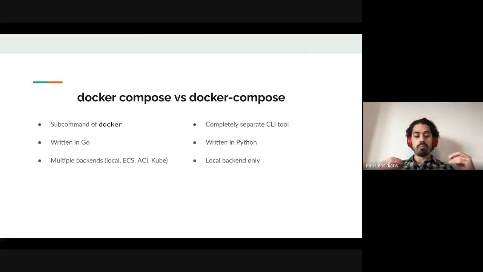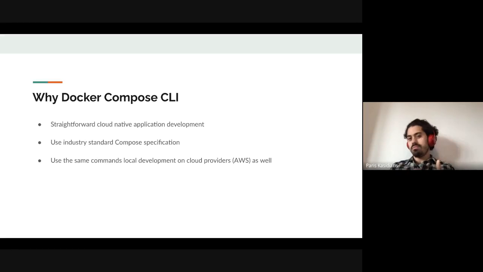And the other really important difference, which is what we will be dealing with today, is that it supports multiple backends, multiple types of contexts, as we can see later on, which means that I can run my workloads locally if I have a Docker engine, or on AWS ECS, on Azure ACI, on Kubernetes, or whatever. While with the classic Docker Compose tool, I would just have a local backend, meaning just running stuff on my computer. So why do this presentation and use this tool called the Docker Compose CLI?